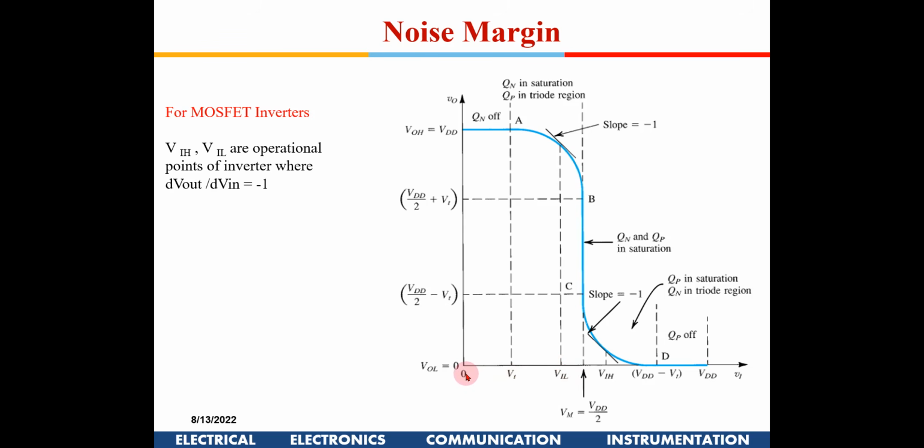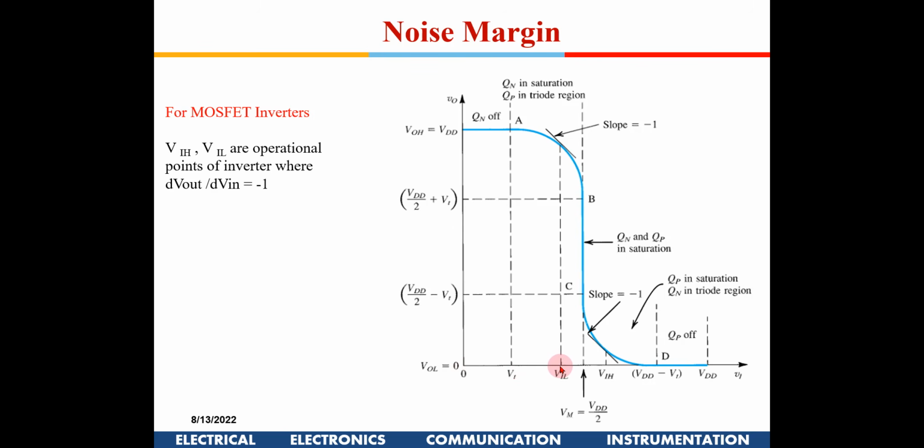From here to here the input will be considered as 0 and the output will be from here to here, so the next stage would consider from here to here as 1.